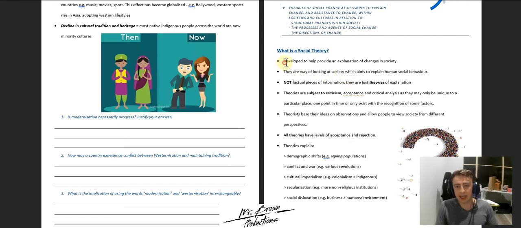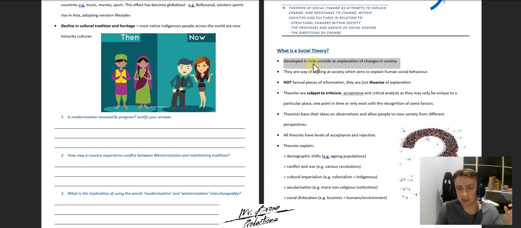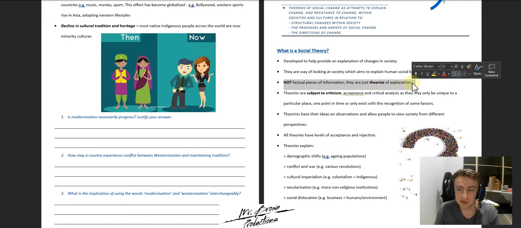So any social theory that we look at is developed to help provide an explanation of changes in society. They're a way of looking at it as a means to explain it, but they are by no means a factual piece of information. That's a really important bit to highlight here. They're not factual. They are just theories of explanation.